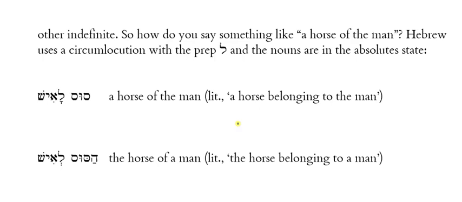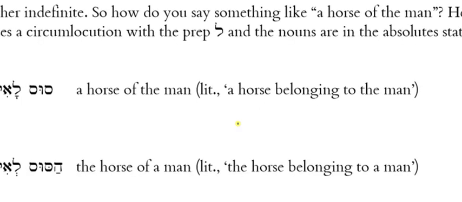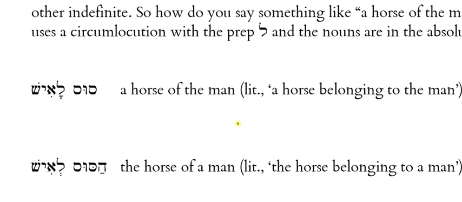Look at the first one. We have sus laish. Notice that sus is indefinite. It's a horse. Laish is definite. I have the article he swallowed up by the lamed, so I can't see it. But that is definite. So this noun is indefinite. Ish is definite.